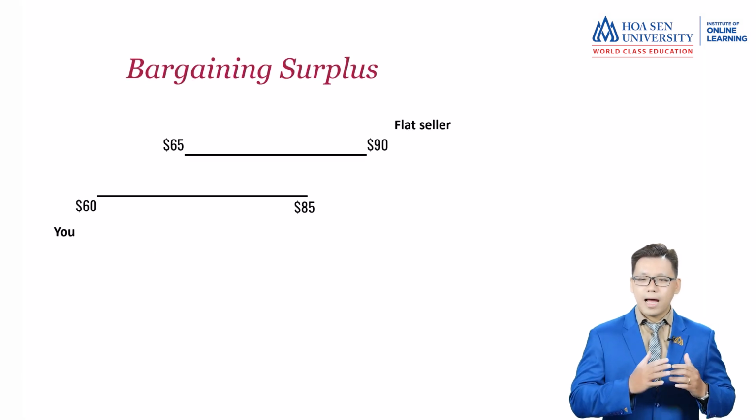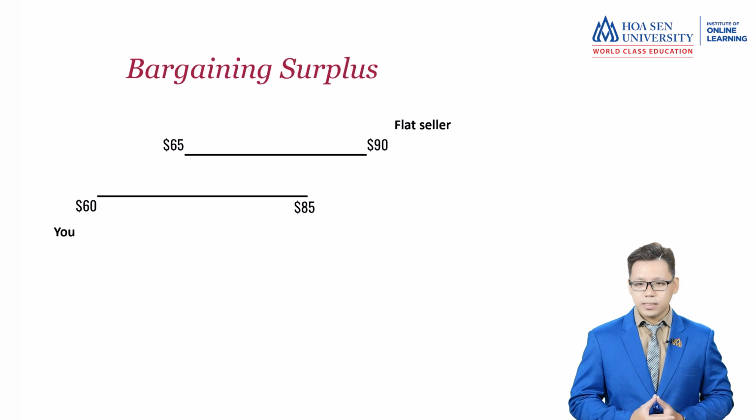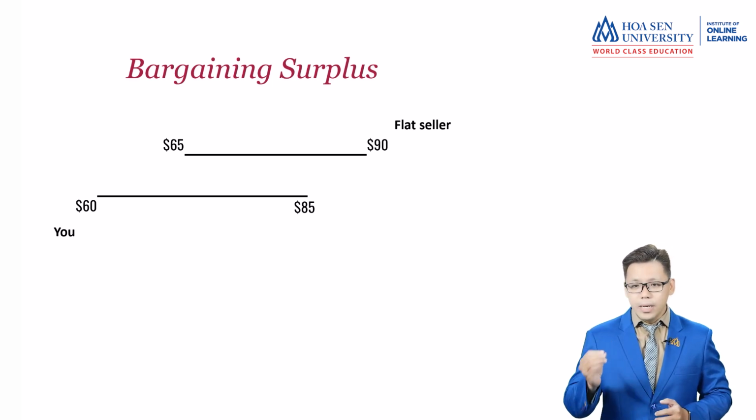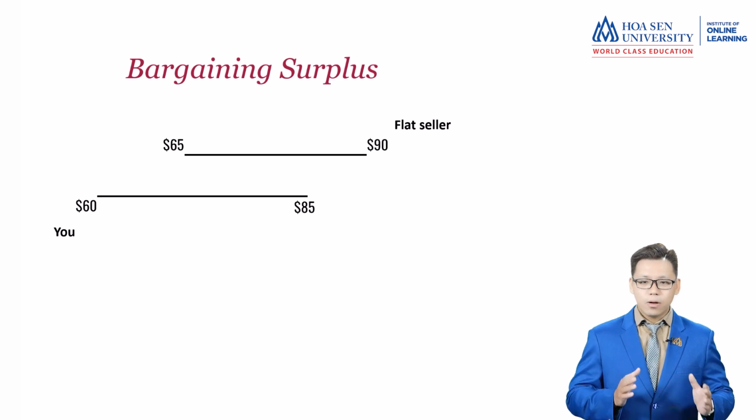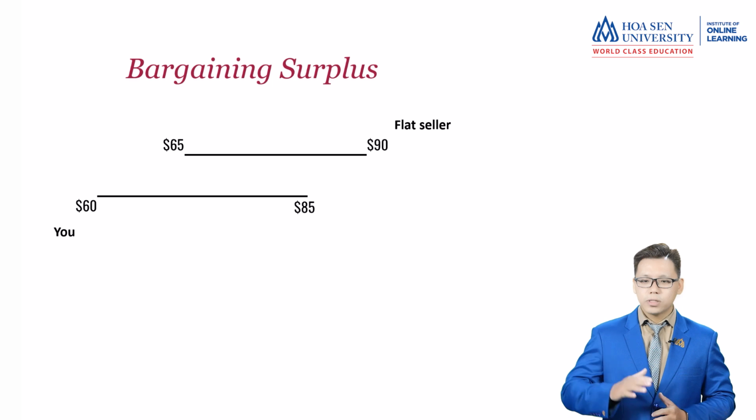Now that we have identified the bargaining surplus, we have to find out the settlement point, or the middle point, between the seller and the buyer ranges. Here, the seller range starts at $65 and the buyer range goes up to $85.